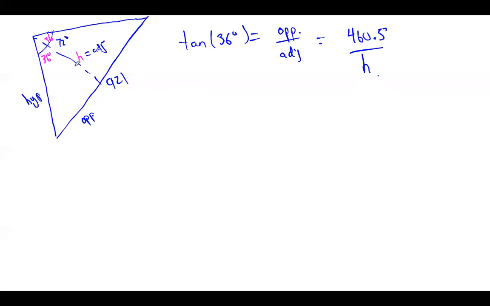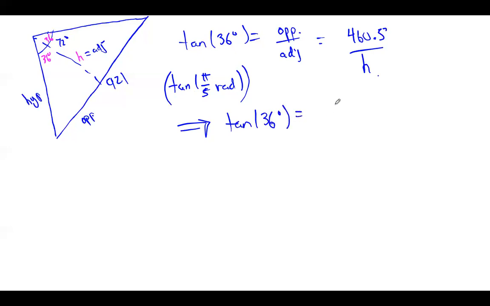And this little part, if we wanted it in radians, is tan of pi divided by 5 radians. Anyways, so the tan of 36 degrees is equal to 460.5 divided by h.